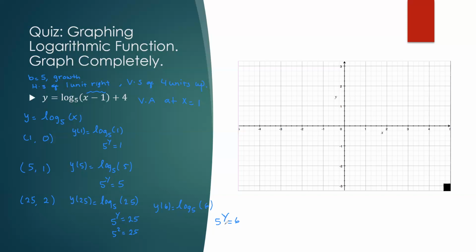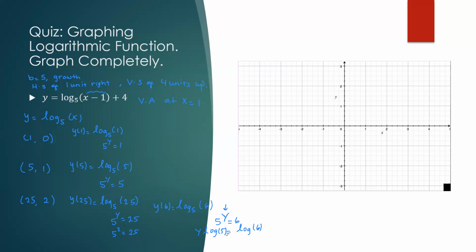So if you can't find a number, what you'll do is take the log of both sides. On the right, this would be log of 6. And on the left, when you have an exponent, that exponent goes in front of the log. So 5 raised to the y could be expressed as y log of 5. When you have a power and you want to expand it, you put the power in front of the log.